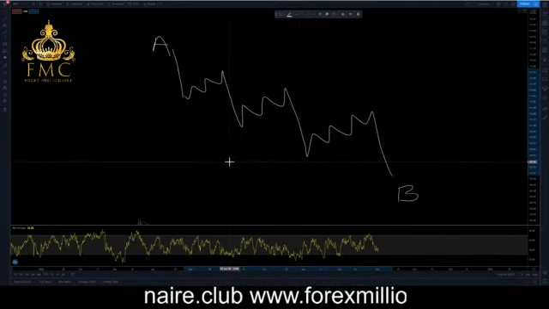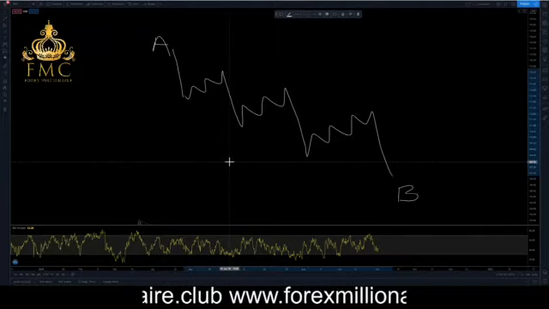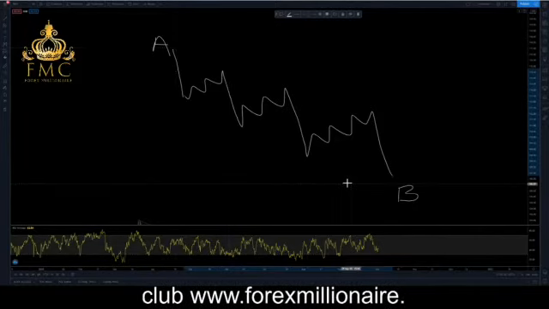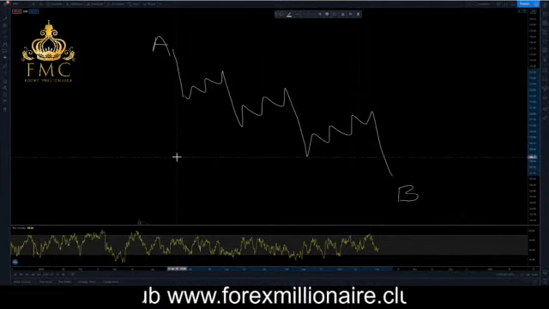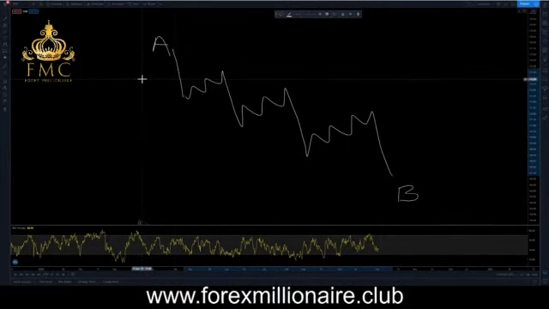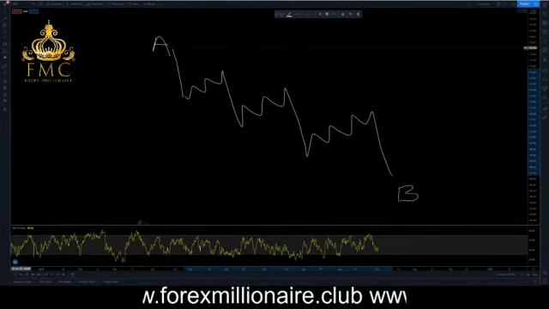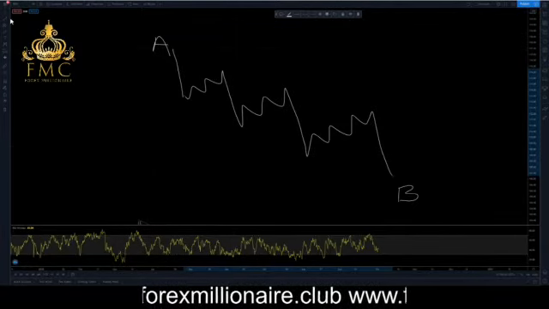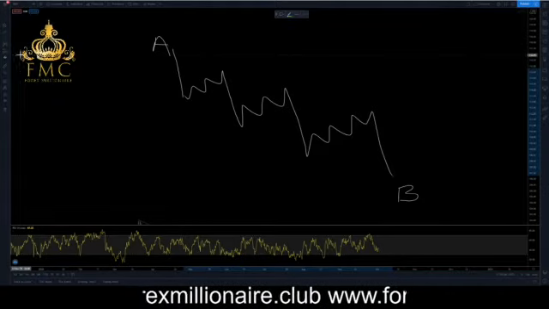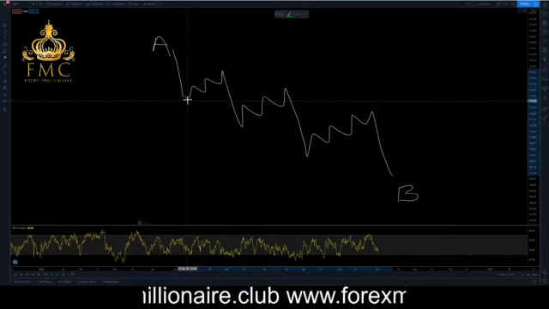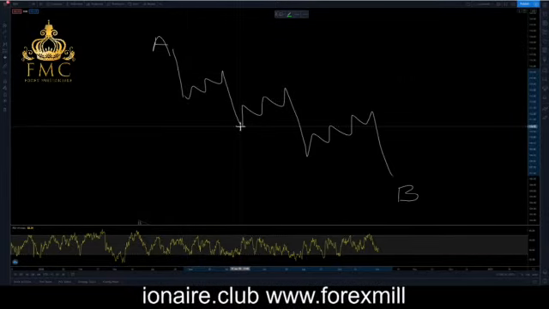So what do we get from this current structure? We have certain supply levels the market has developed as it was creating this downward movement. So if we were to mark some of the supply levels that the market has developed, let's get our line tool here. We have an impulse, we have a correction, we have another impulse.